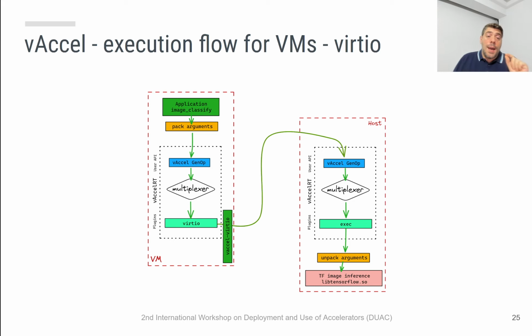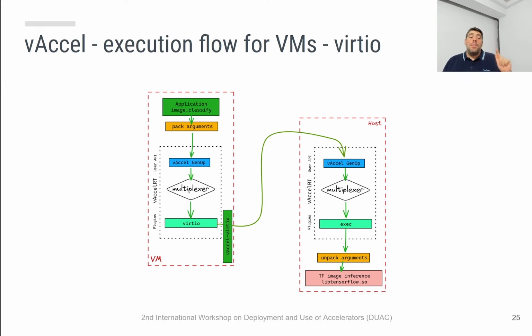So using a custom plugin, we call the set of virtio plugins, where we implement the whole set of the API calls of VAccel plus the generic operation. We're able to run any application from a VM and use the hardware acceleration part on the host without the VM having any kind of access to the hardware accelerator.